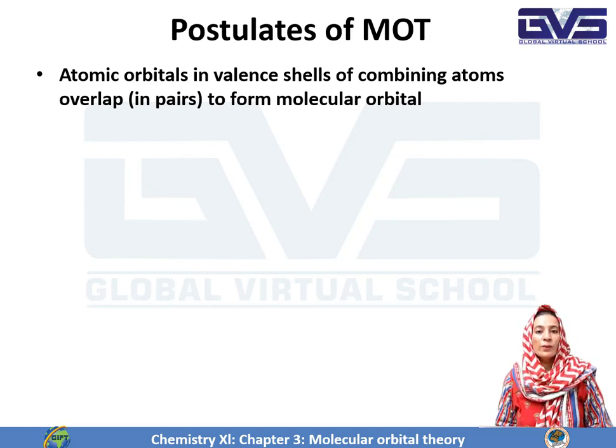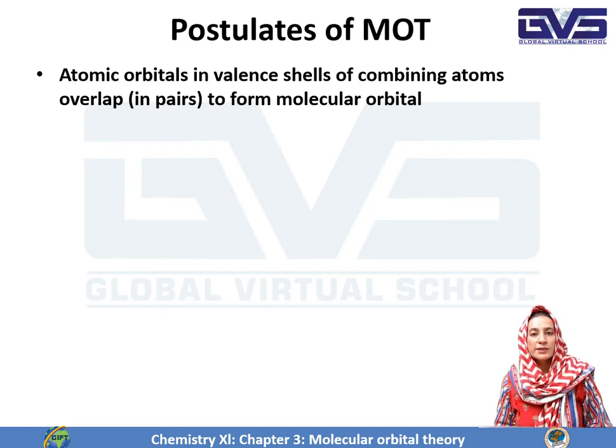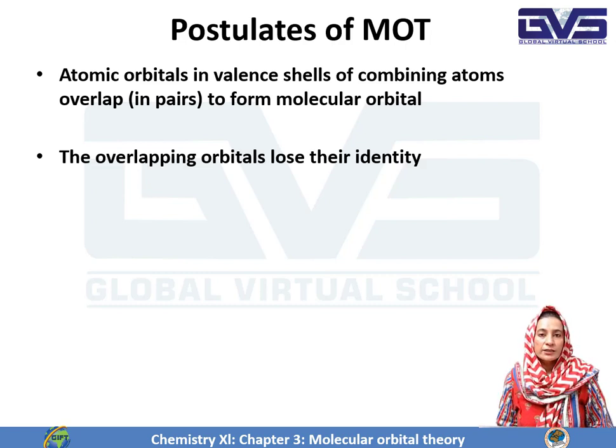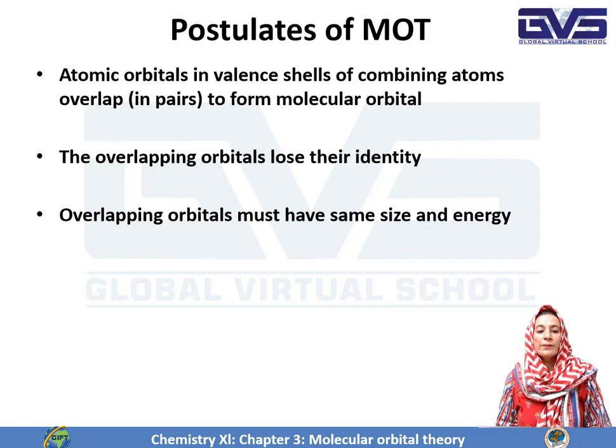In a diatomic molecule, partially filled atomic orbitals from one atom and from the other atom form the molecular orbitals. The overlapping orbitals lose their identity, they change their energy after overlapping. Overlapping orbitals must have the same size and energy.